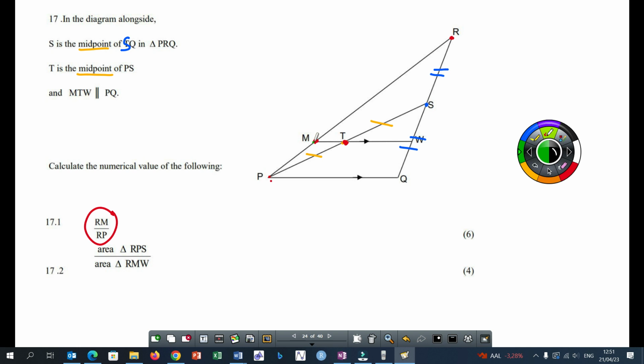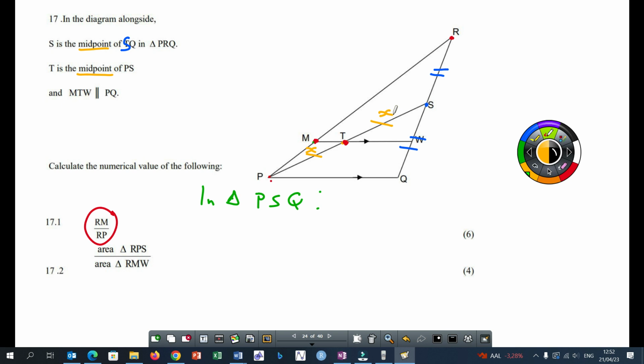So first thing, I'll use triangle PSQ. In that triangle, I can use the converse of the midpoint theorem. If I have this as x, that will be x. Obviously, at this point here I need to prove that it's also a midpoint.